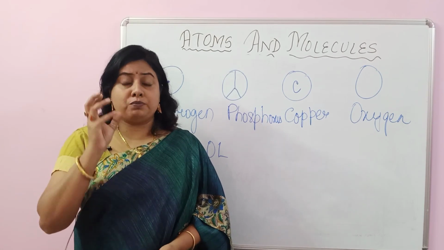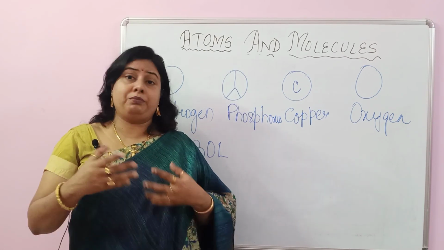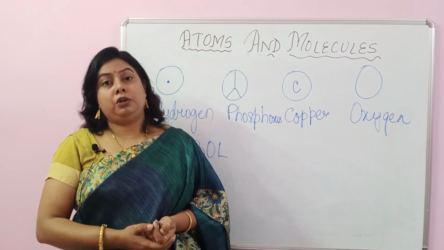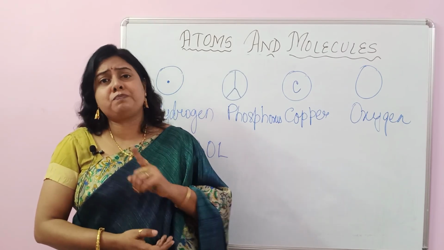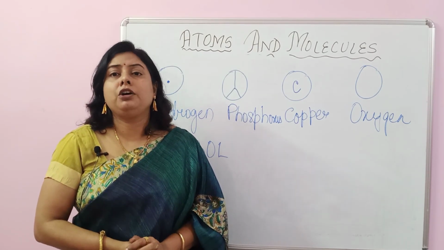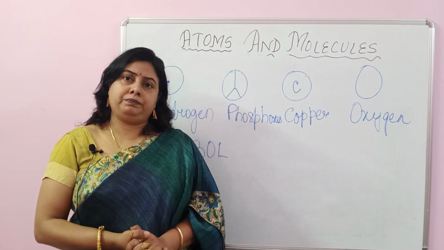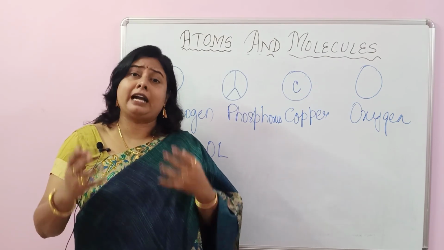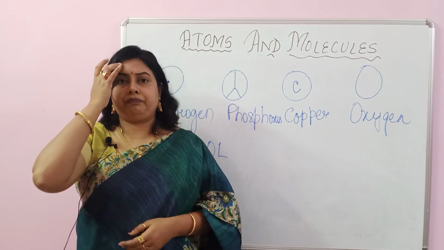That is, they are the smallest particle of an element which may exist freely or may not exist freely. But they are the smallest particle of that element which takes part in a chemical reaction. Now, all the elements are made up of atoms, and atoms react.